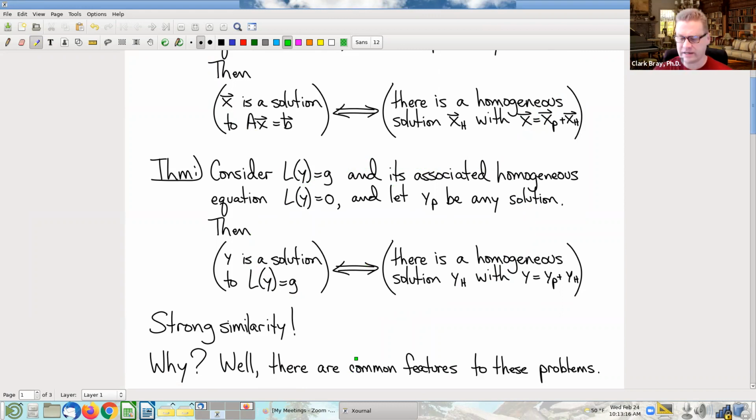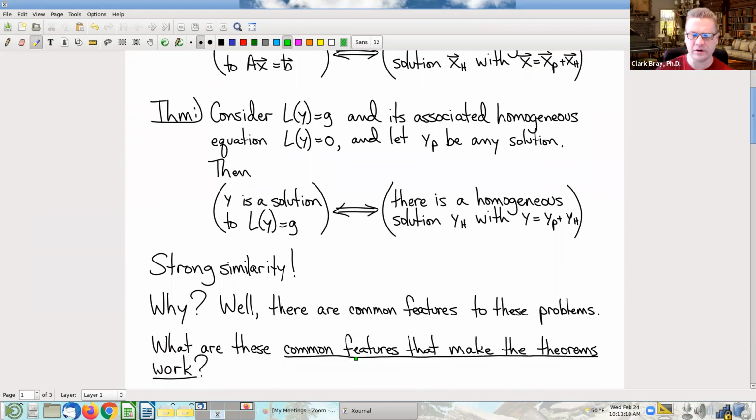And those similarities are what caused that to happen. So a reasonable question to ask: what are these key common features that make both of these theorems work, that make this result work in both cases? These common features are actually pretty interesting.